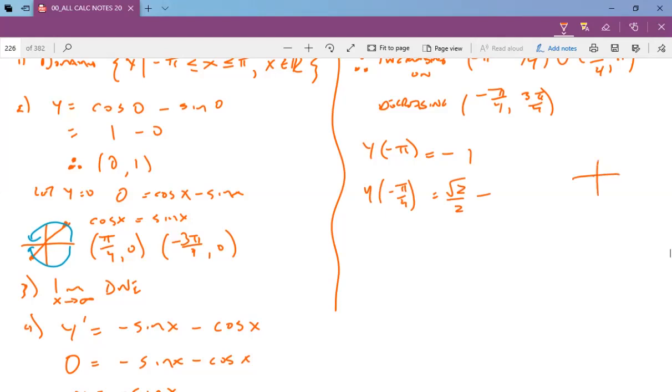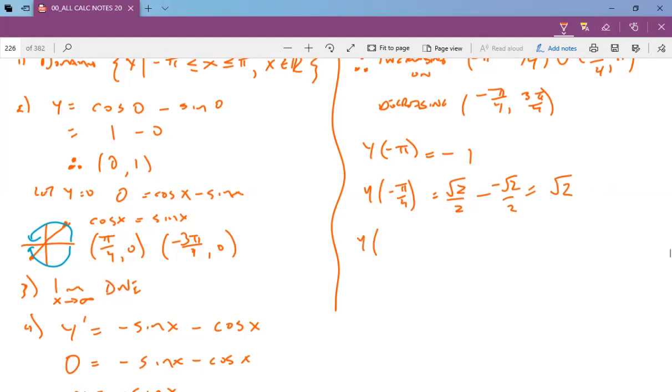Negative pi quarters is down here, remember? And so sine of that ends up being negative root 2 over 2. And when we add those together, that's root 2 over 2 plus root 2 over 2 is 2 root 2 over 2, which simplifies to just root 2.